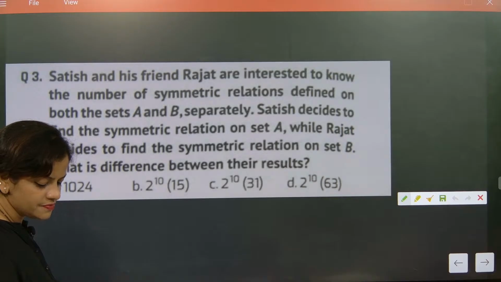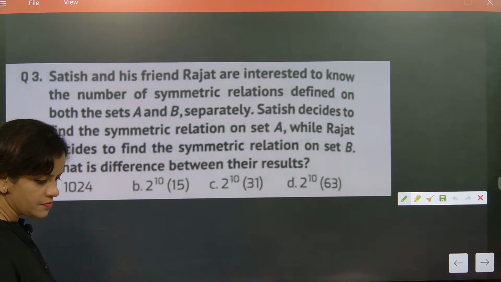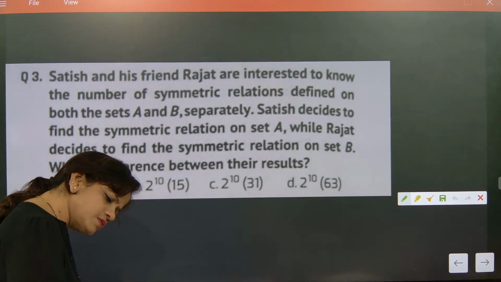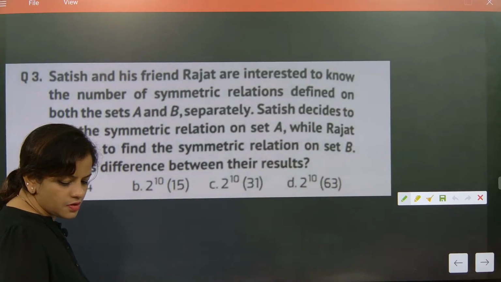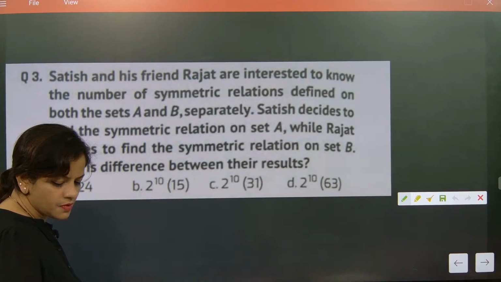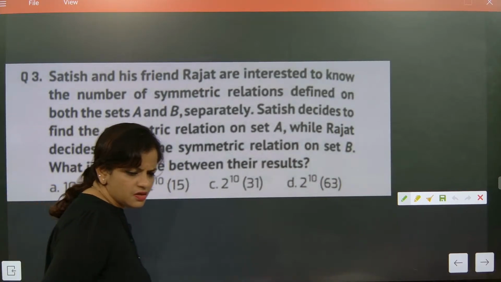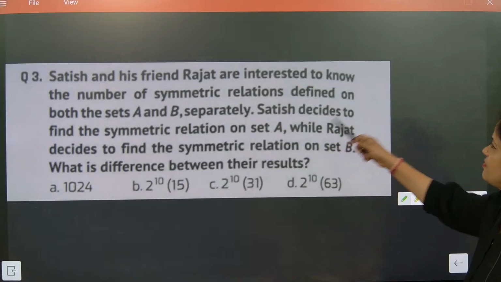Formula for symmetric relation is... How many elements is A having?